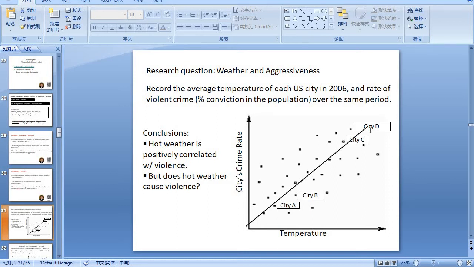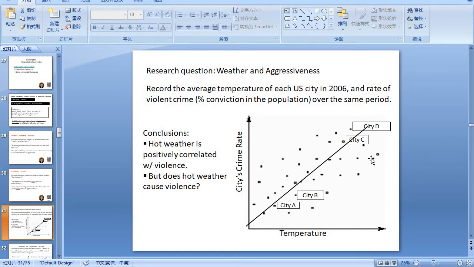And we also have some hot places, cities in hot weather. City C, you can see the annual temperature is pretty high, and the crime rate, or the number of crimes recorded, is large. So is City D.